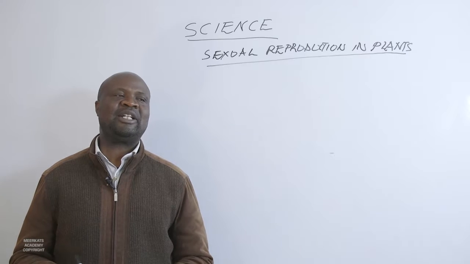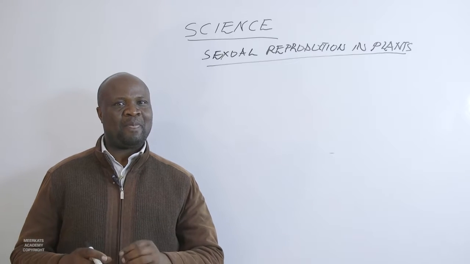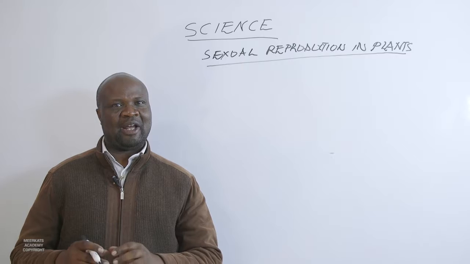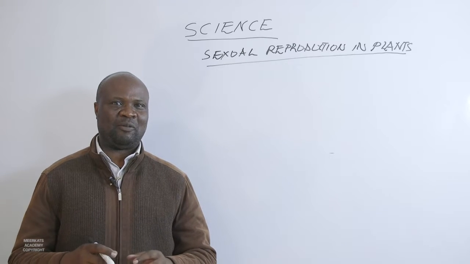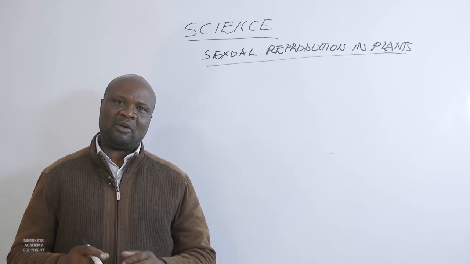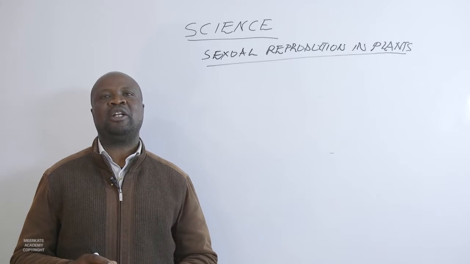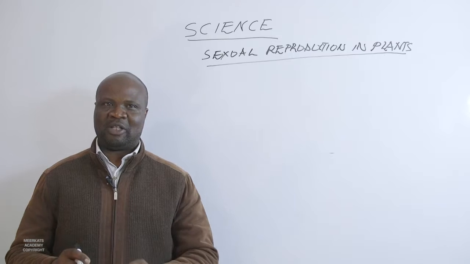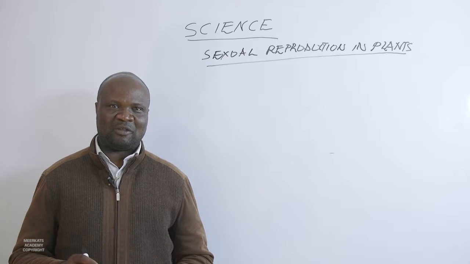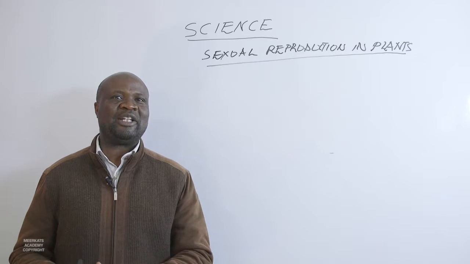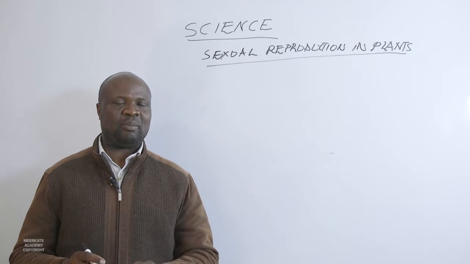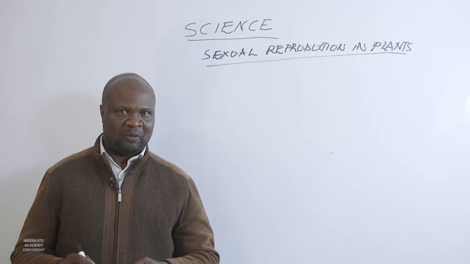Pollen grains from the anthers do not carry out pollination just within the same flower; they can be transferred to another flower within the same plant. We say that type of pollination is still self-pollination.